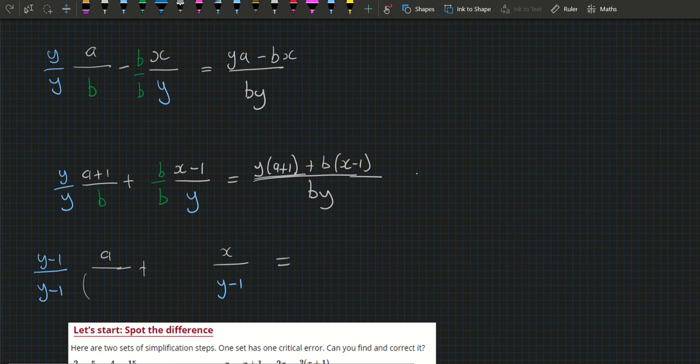And if I can turn this b plus 1 into b plus 1 divided by b plus 1, put a times there as well, then it's still multiplying by 1, nothing's changed, has it? So now I've got y minus 1 times b minus 1, b plus 1, so it doesn't matter which order I write them in, it's the same thing.